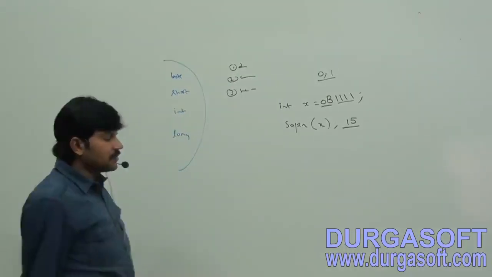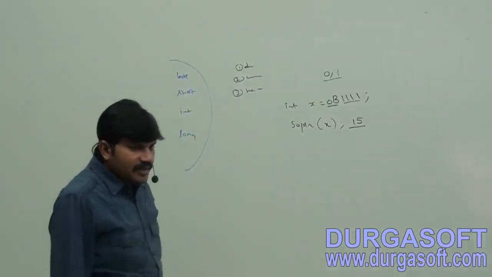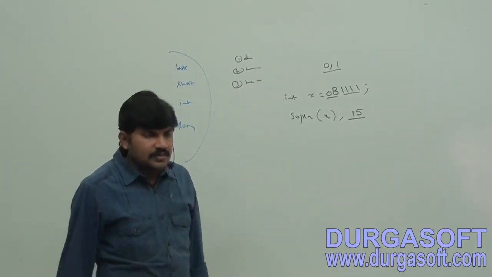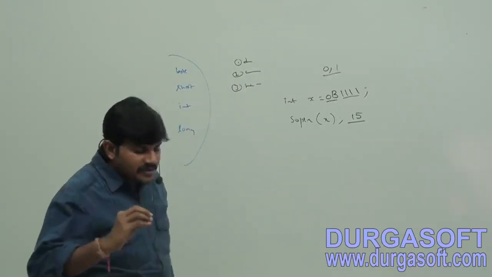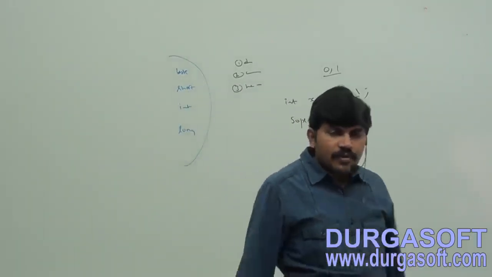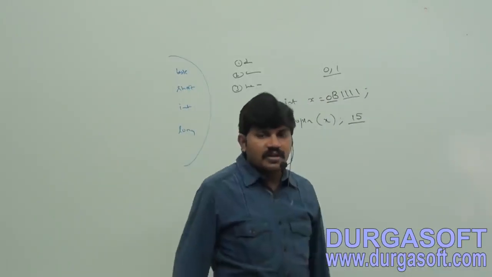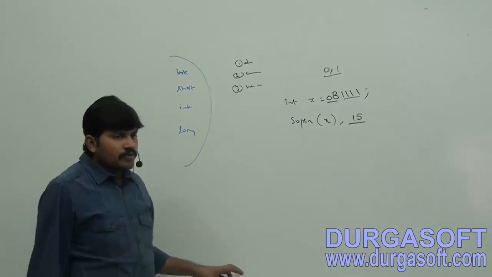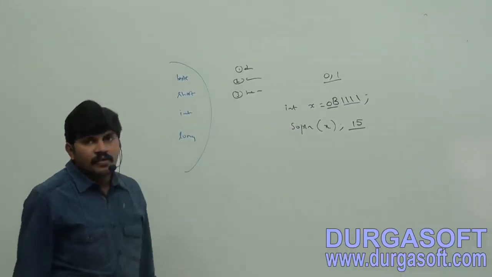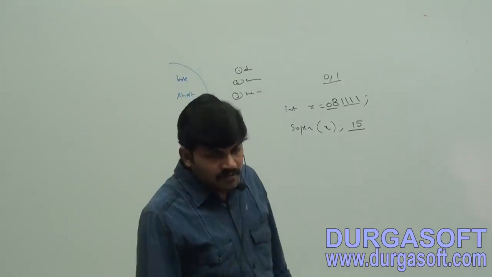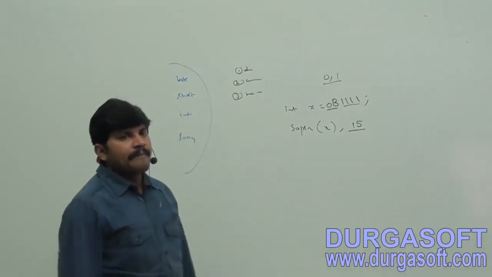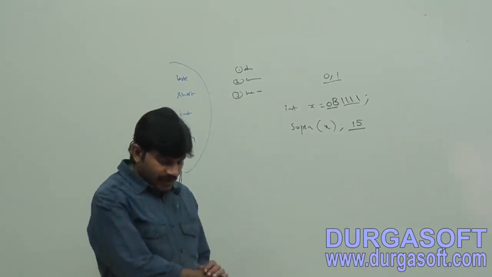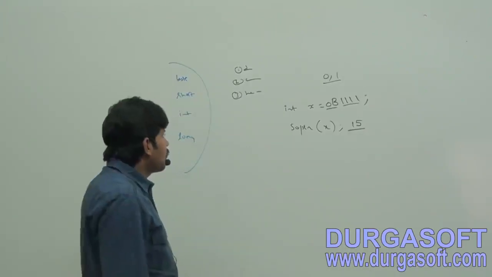For integral data types, until 1.6 version, we can specify a literal value in the following ways.